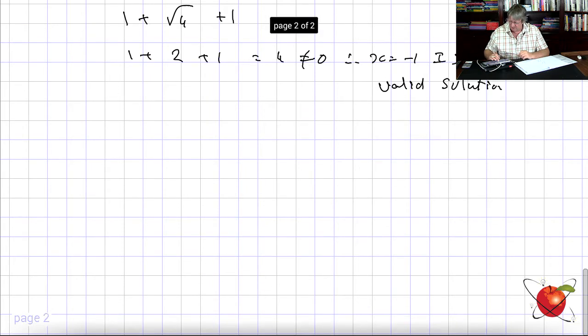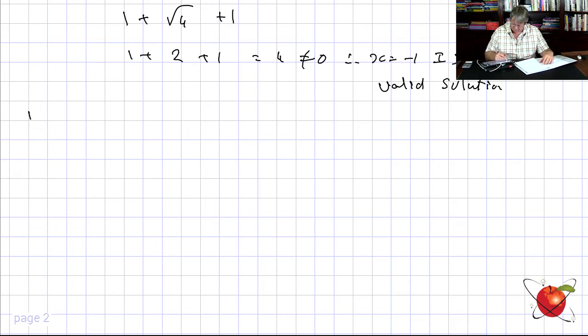Here's another couple of examples on these equations. Example: 64 to the power of x minus 8 to the power of x plus 1, plus 16 equals 0.